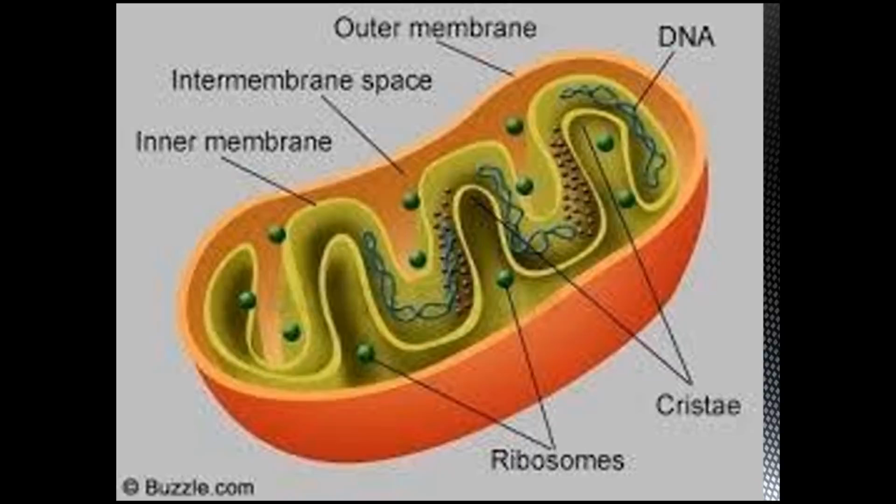What is present in the matrix? The matrix contains enzymes for the Krebs cycle, mitochondrial ribosomes, that means 70S, tRNA and mitochondrial DNA.